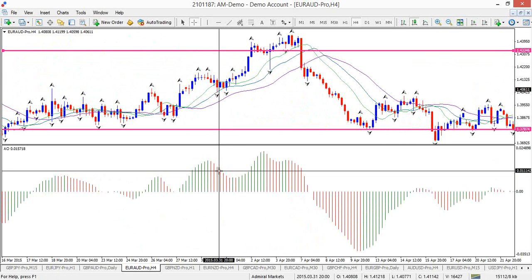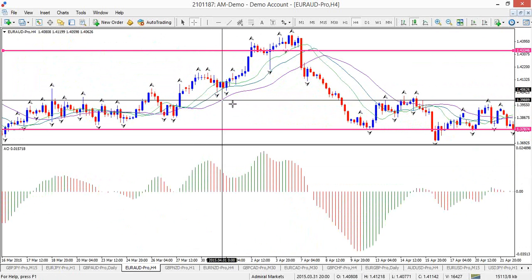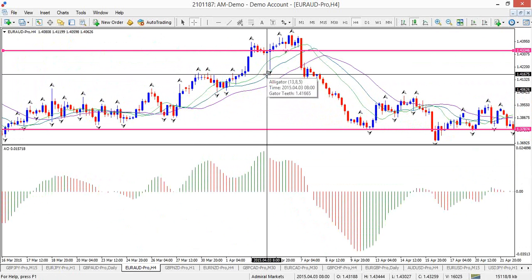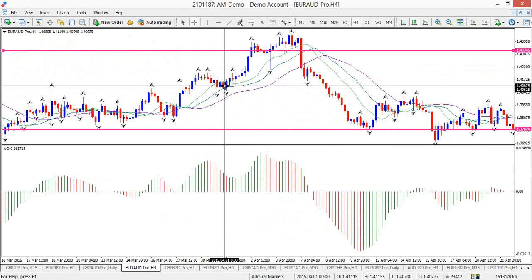Here, for instance, you got 3 red bars. This is the end, but then it still continues for more upside with this particular case. That can happen sometimes, right? Sometimes it's just a minor retracement.